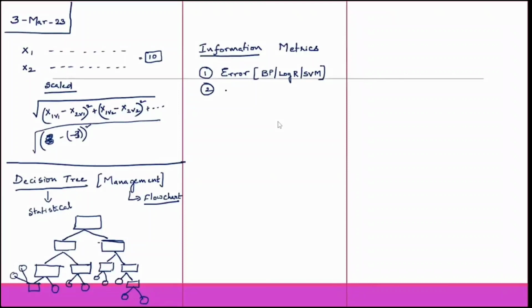We are referring to an error metric and we are minimizing that error. Whereas the second kind of learning, which we have already looked at, is similarity-based learning or distance-based learning.